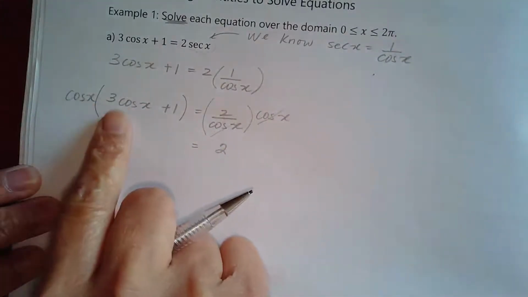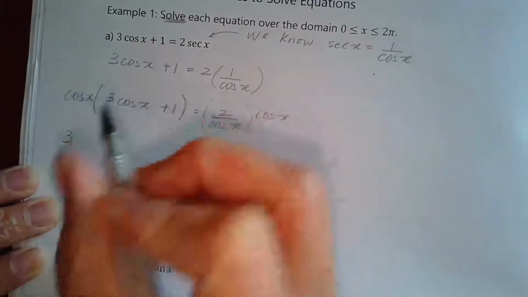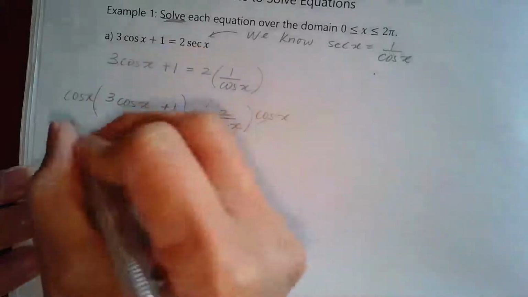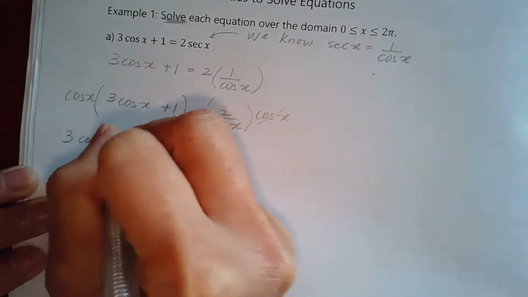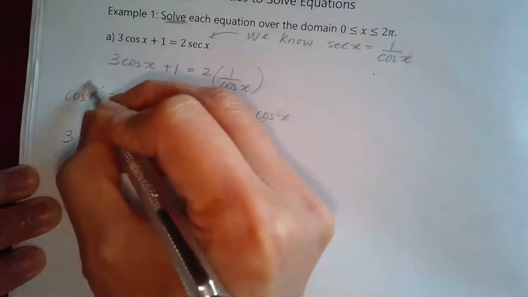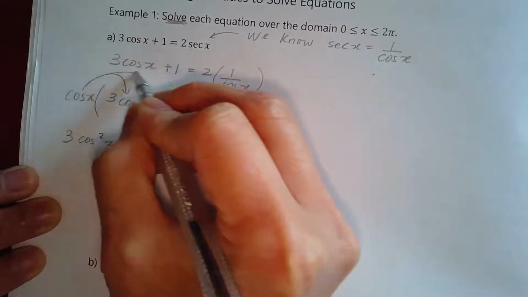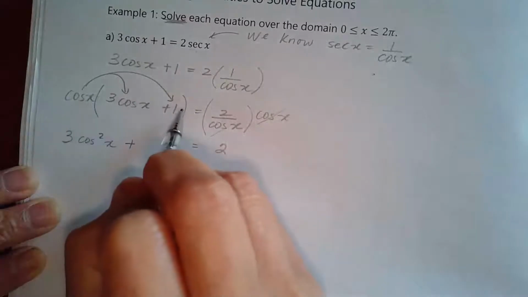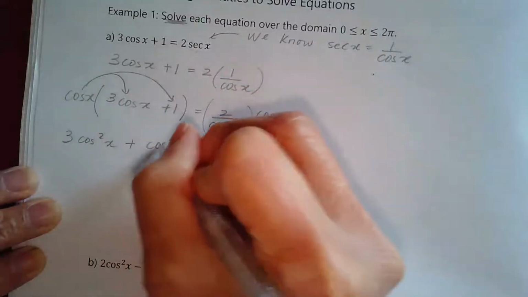Over here, we end up with 3 cos squared of x plus, multiplying it in, cos of x times 1 is just cos of x.